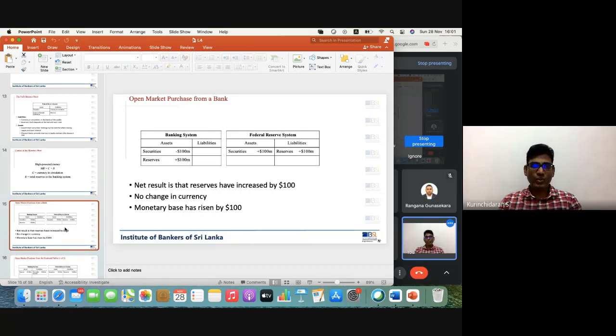So the monetary base should be maintained at the right level to safeguard the value of the domestic currency. One way the central bank tries to maintain the monetary base is through open market operations. What do we mean by open market operation?